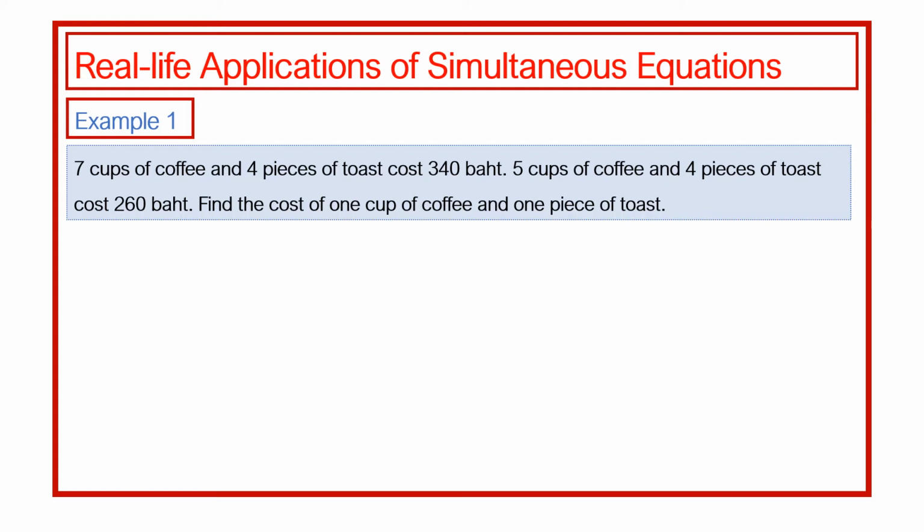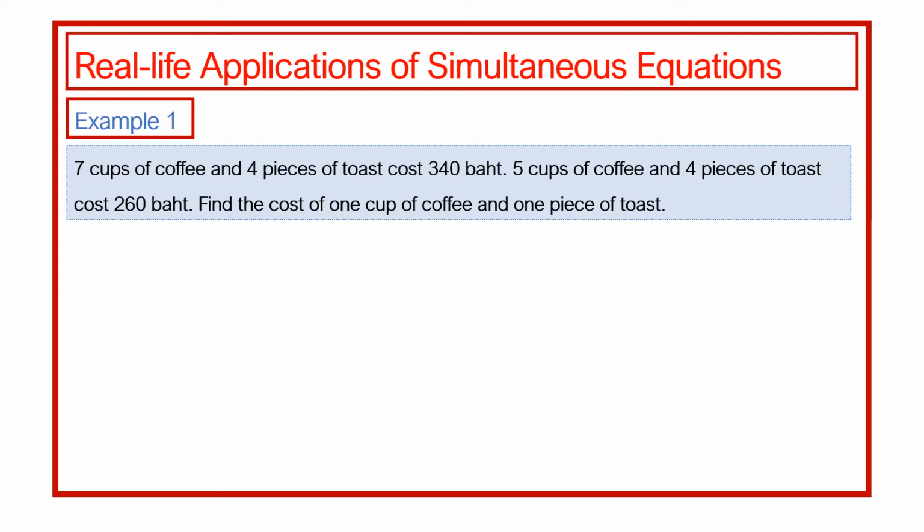Let us begin with example 1. 7 cups of coffee and 4 pieces of toast cost 340 baht. 5 cups of coffee and 4 pieces of toast cost 260 baht. Find the cost of 1 cup of coffee and 1 piece of toast.